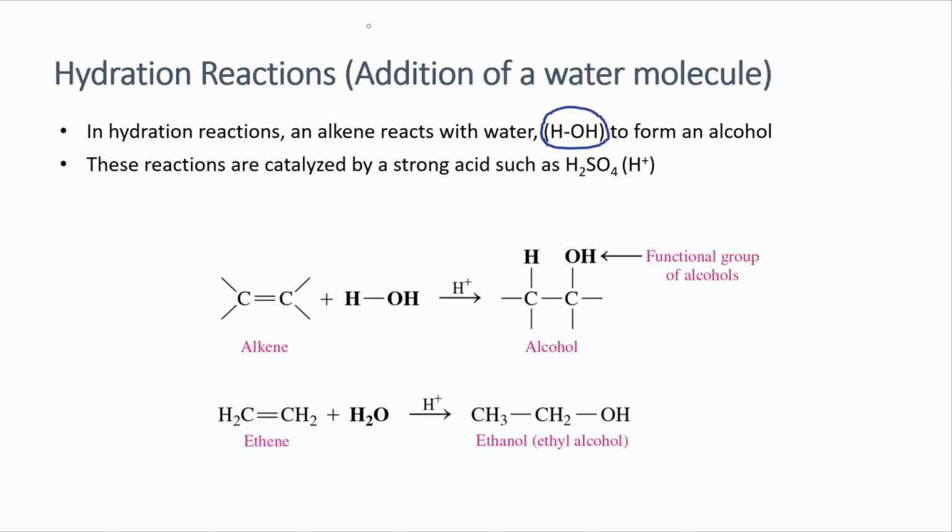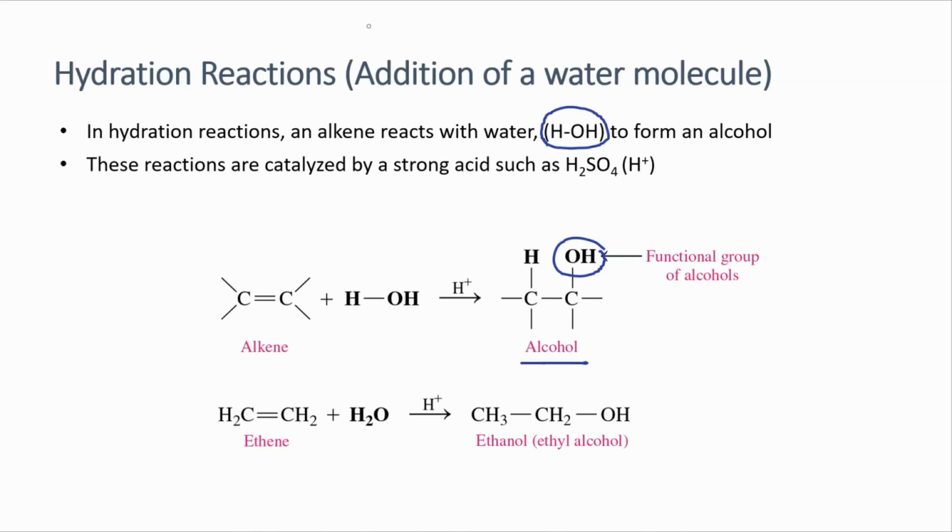The hydrogen atom and the hydroxide group will attach to the two carbon atoms containing the double bond. As a result, it will form an alcohol with a functional group of hydroxide group.